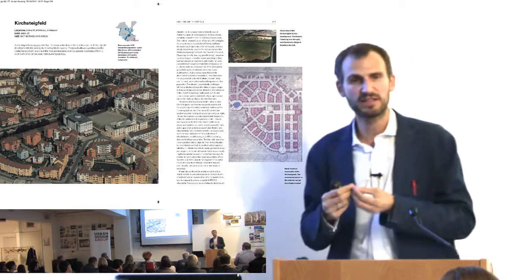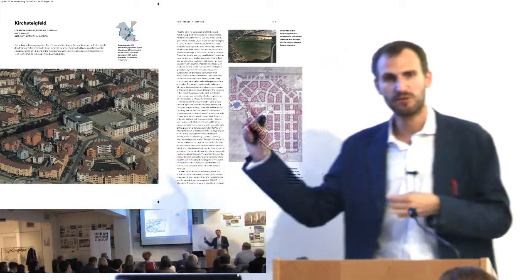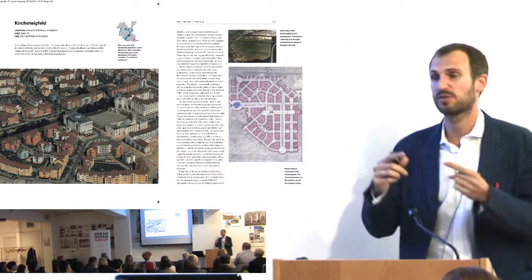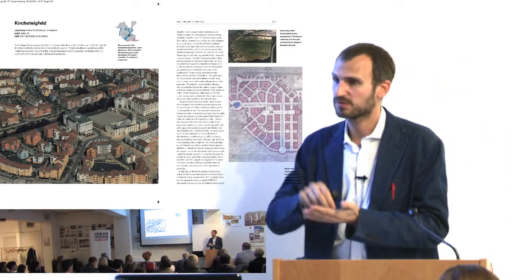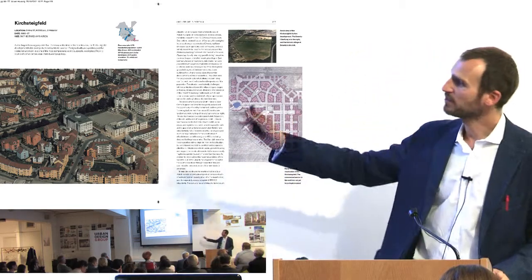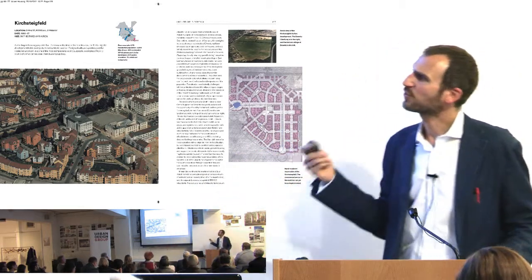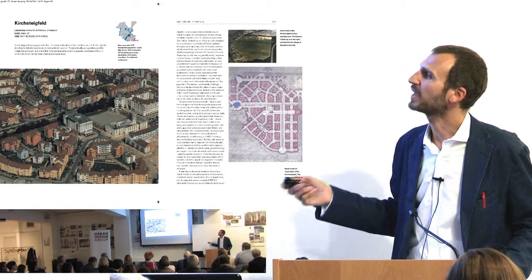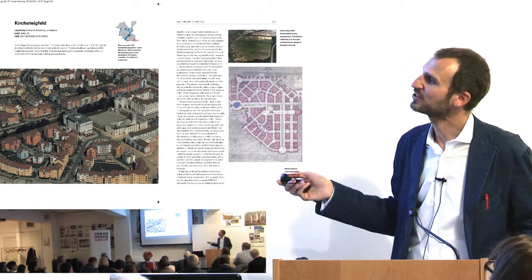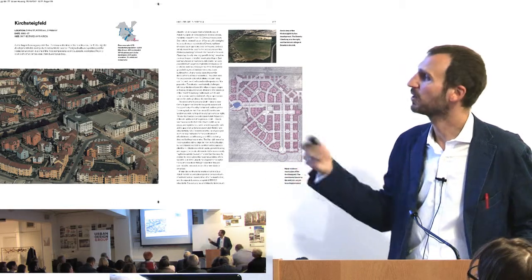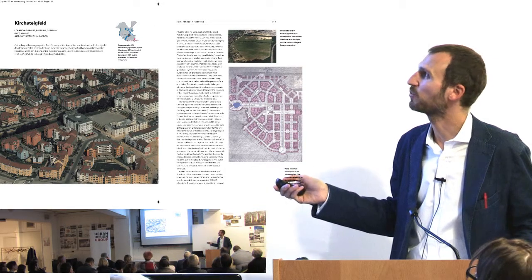You still have one single owner, so it's very different from Freiburg-Vauban, where actually the land was sold to different small-scale owners. So you still have very much a large-scale approach, but then afterwards you're trying to solve this problem of boredom and repetition through the fact that you are actually giving over the work to different architectural practices.